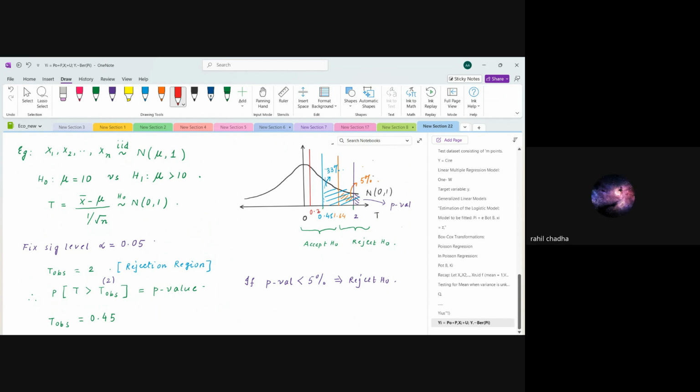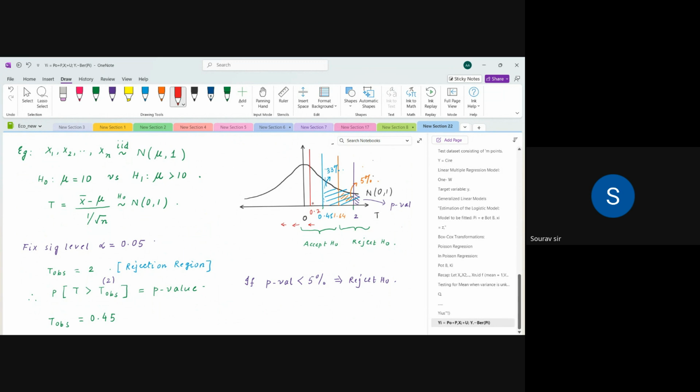So that means, given my hypothesis, the more you move towards the left, the larger the p-value will be. Correct.